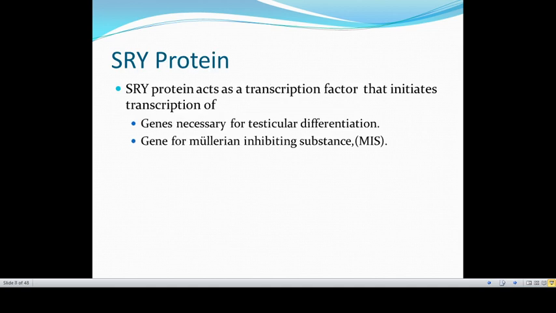SRY protein acts as a transcription factor that initiates transcription of number 1, genes necessary for testicular differentiation, and number 2, gene for Mullerian inhibiting substance.